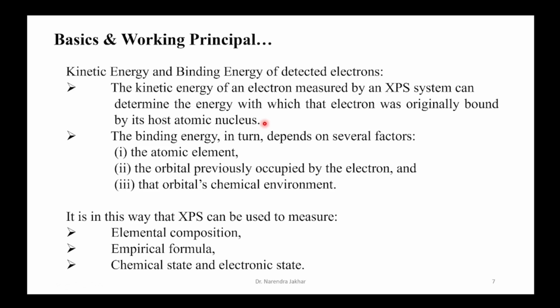But the beauty of nature is that all these electrons have a characteristic binding energy associated with a particular nucleus or atom. This beautiful observation enables us to identify from which orbits and from which element the electrons are coming out.